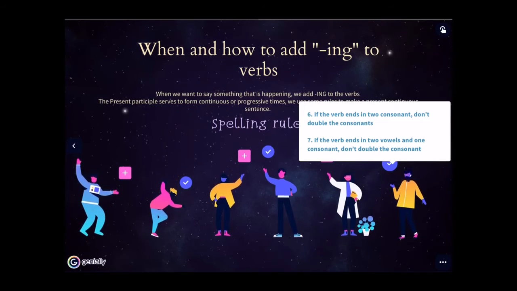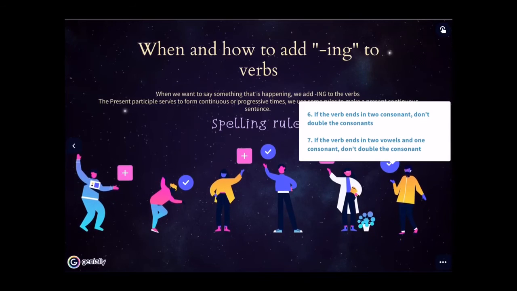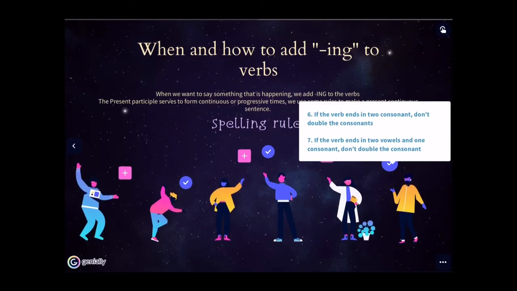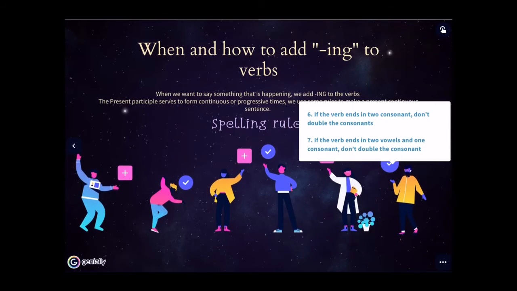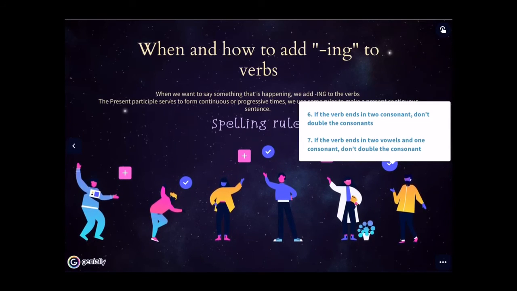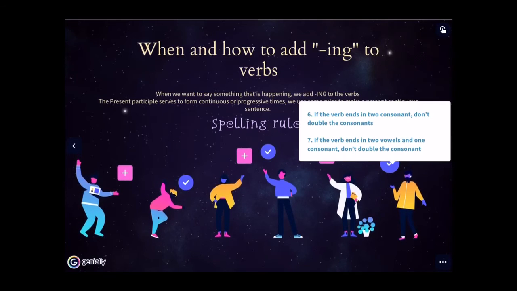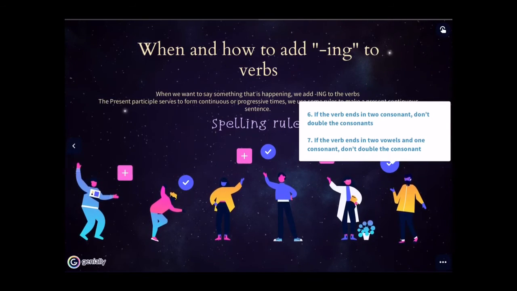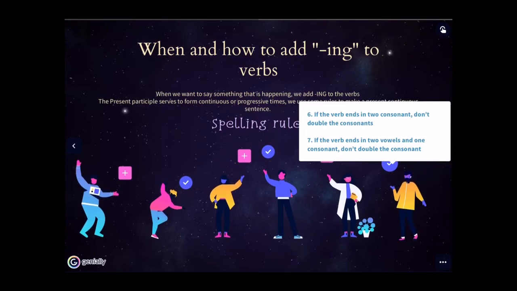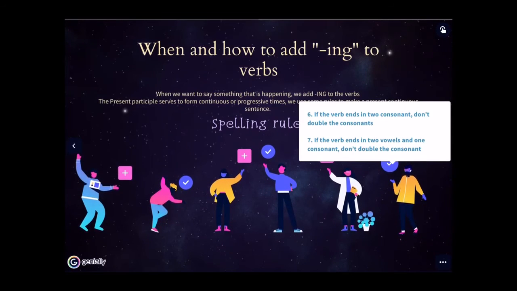We just add the ing. And the seventh rule is if the verb ends in two vowels and one consonant, we don't double the consonant.